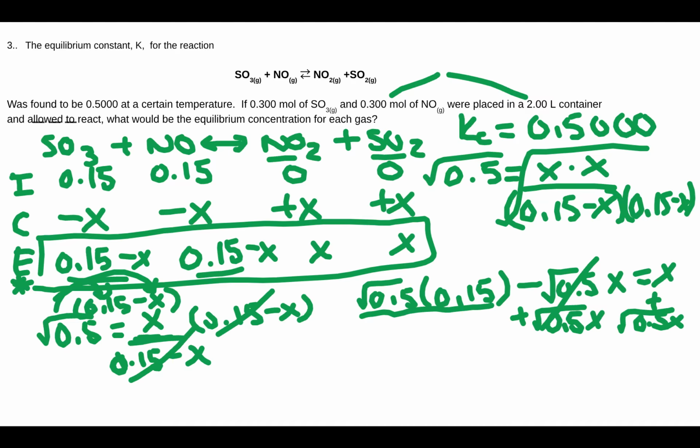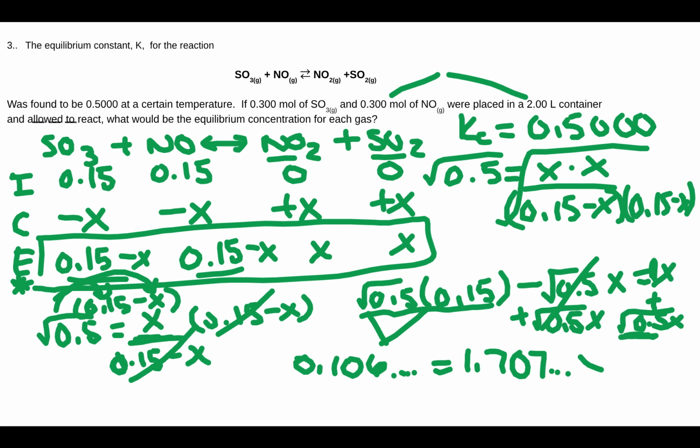So at this point, I'm going to put this in my calculator. The root of 0.5 times 0.15 is 0.106, and that number is going to keep going. I don't want to round too early. And on the other side, I'm going to have a value of 1 plus the root of 0.5, because I'm collecting like terms, and that will equal 1.707.